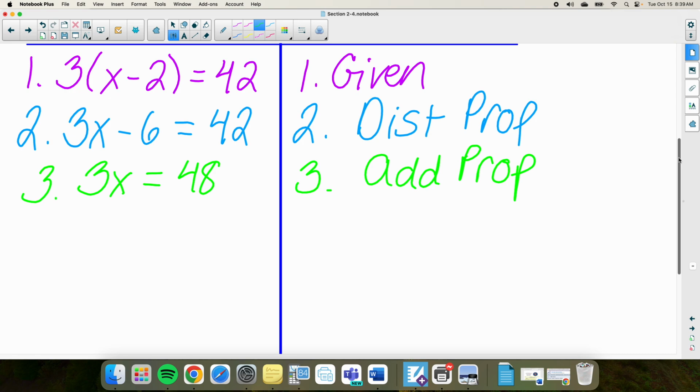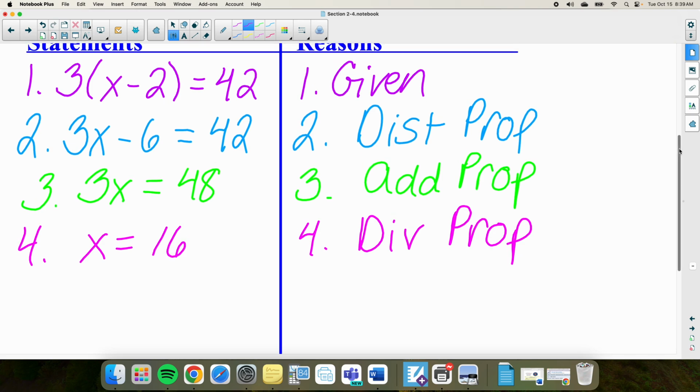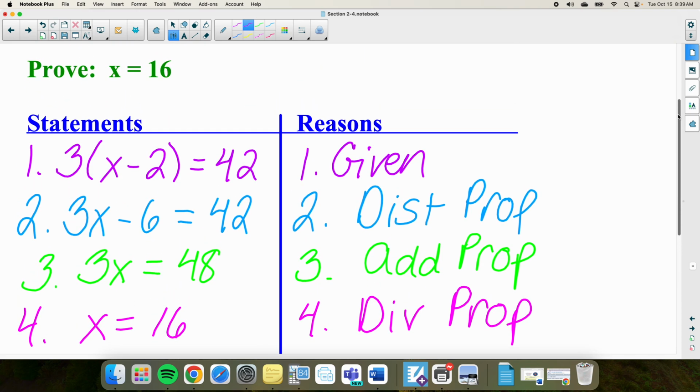What do I do for that final step? Divide, so I'd get x equals 16, and that is division prop. And then again, once you get that x equals 16, go back up and make sure that that is what we were supposed to get. Okay?